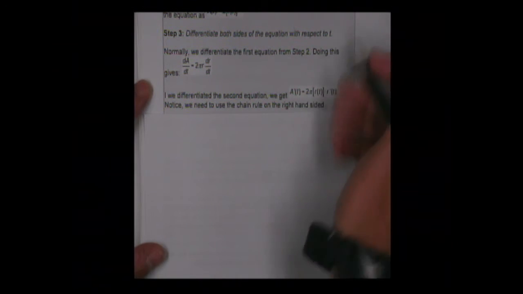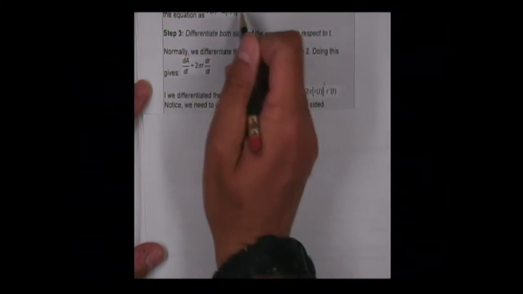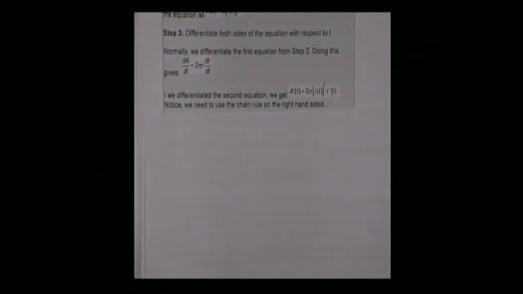If we actually were doing the other one, just so that you see it, we'd actually have A prime at t equals 2 pi, and when we want to take the derivative, we would use the chain rule here. So we'd have 2 r of t to the first times the derivative of the inside, r prime at t. So there's that dr/dt that we're seeing. So it does actually fit and work for us. And so there we are back at that formula.